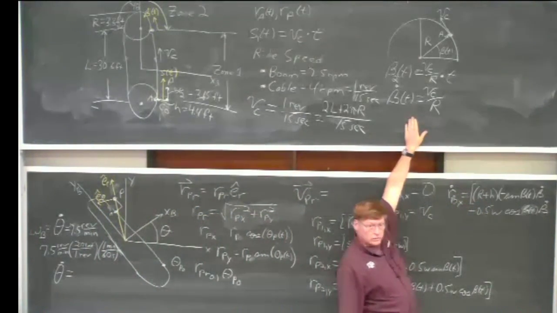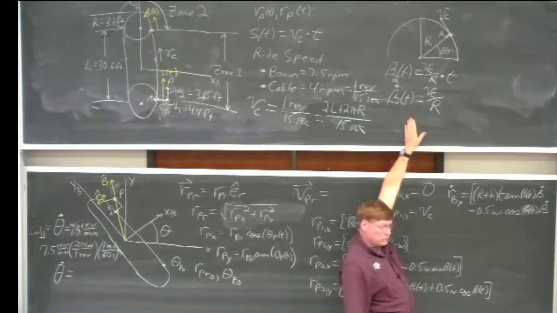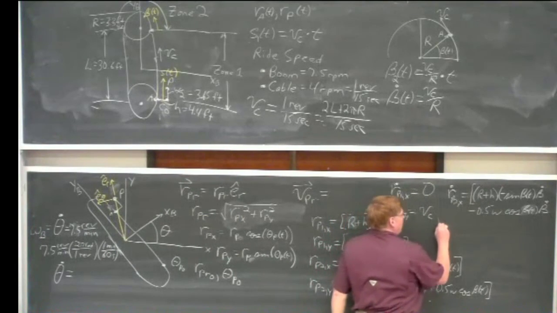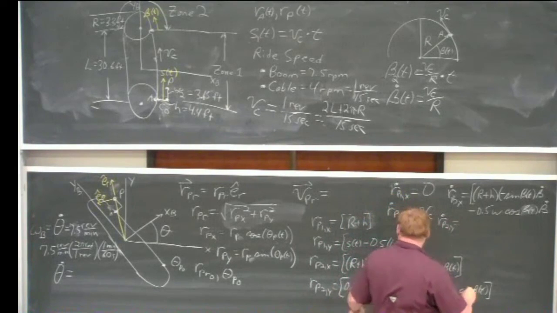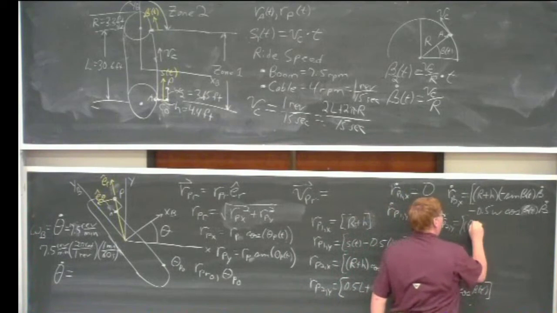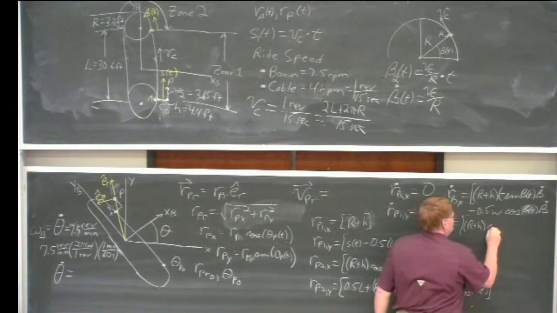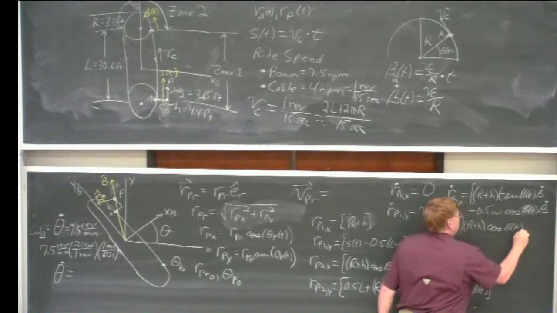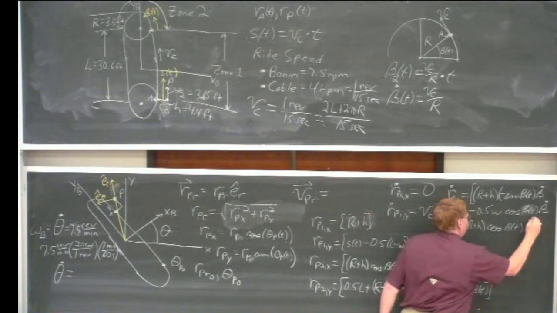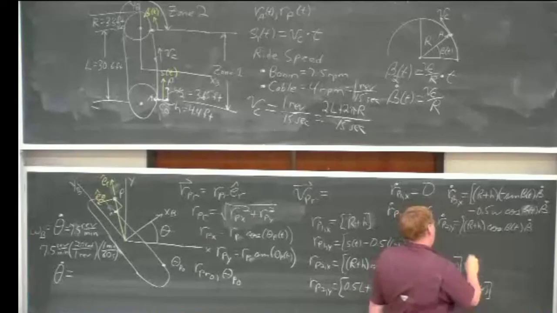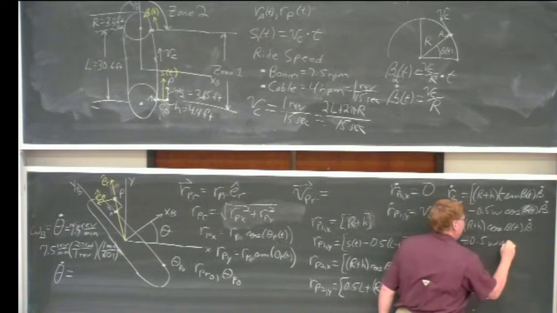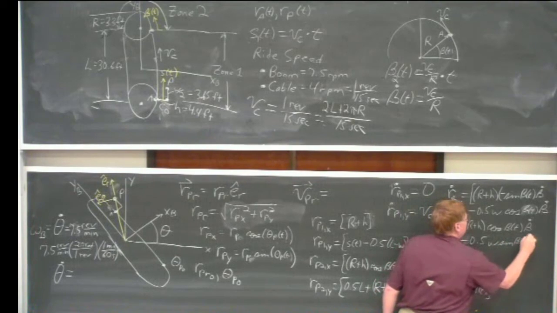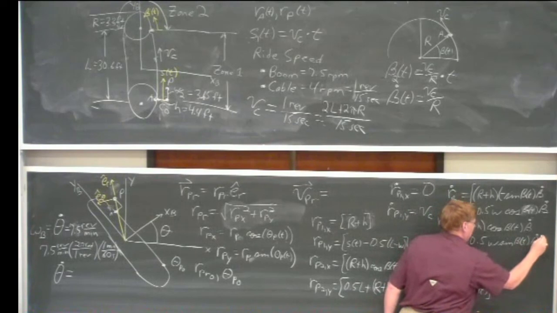It's your VC of R that you had here, okay? Same thing with the Y. Here we have R plus H cosine of beta t, beta dot. And then plus 0.5 W. Actually, that'll be a minus now, because cosine is sine. And then again, beta dot.